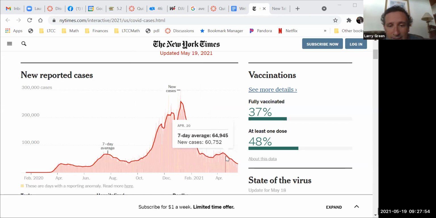One of the nice things, you'll notice that in the last month, what's happening in terms of COVID? Yeah, it's going down. And not only is it going down, this made me smile in terms of math.